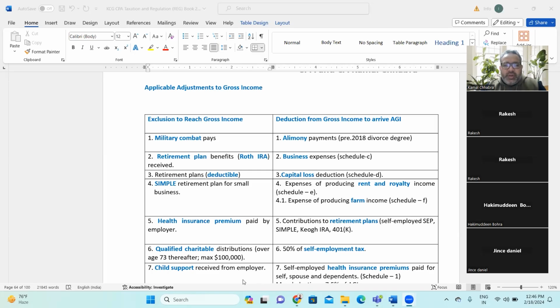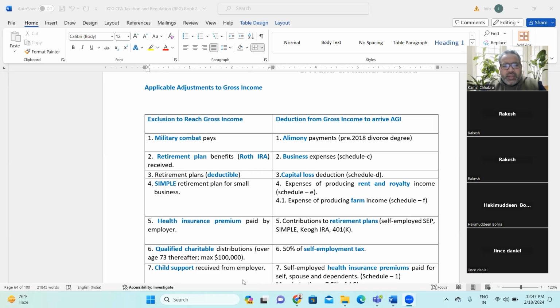Where we discussed, a majority of that would be exempt income, but some of them are part of, you can say, an expense for the employer but not an income of the employee.